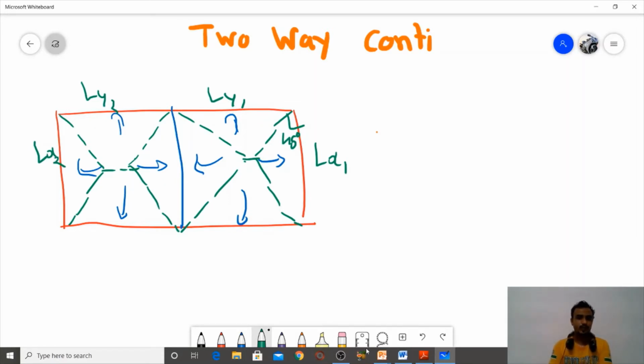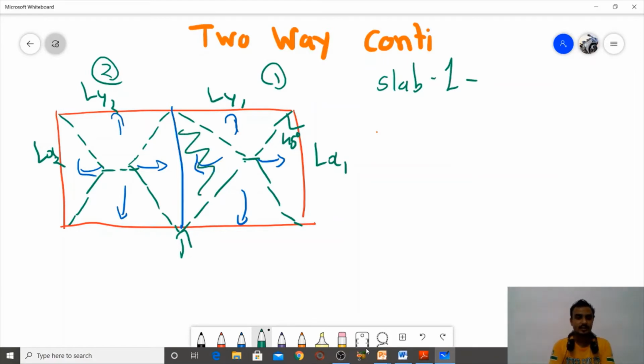If I am going to design this beam, how many loads are there? Here is slab 1 and here is slab 2. Slab 1 gives a triangle.